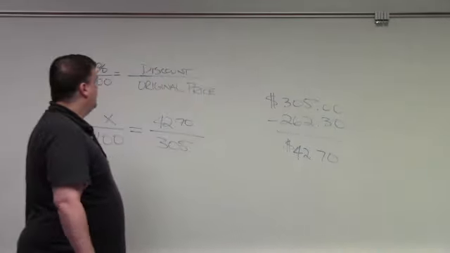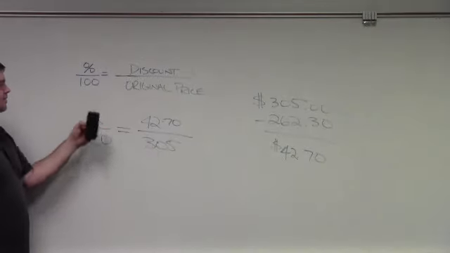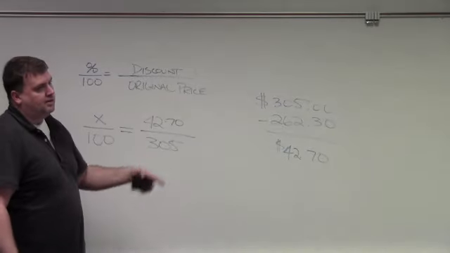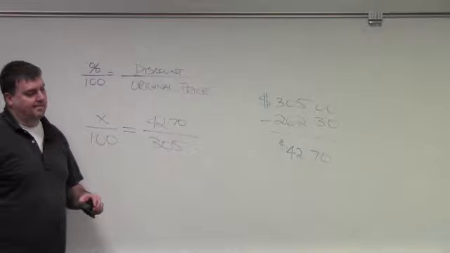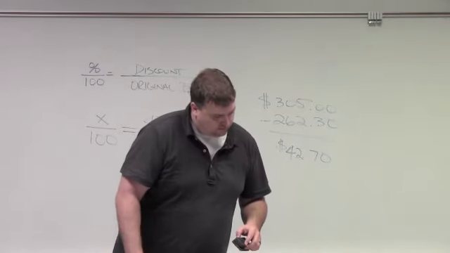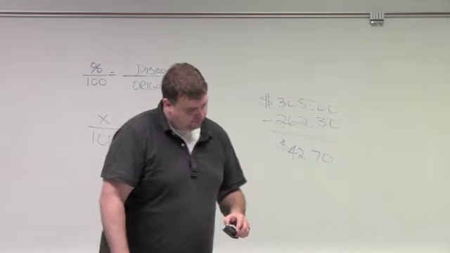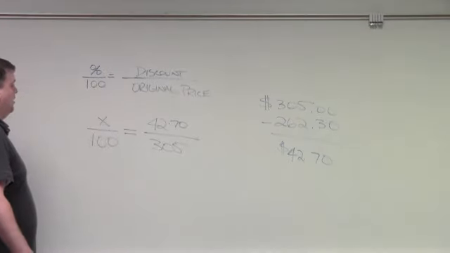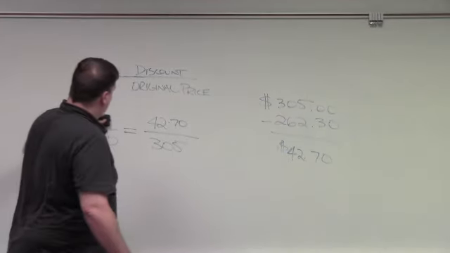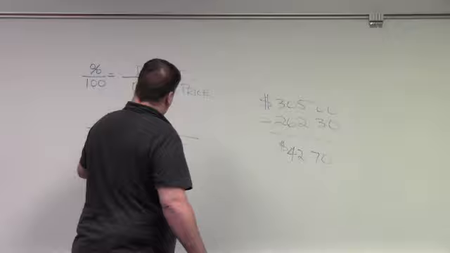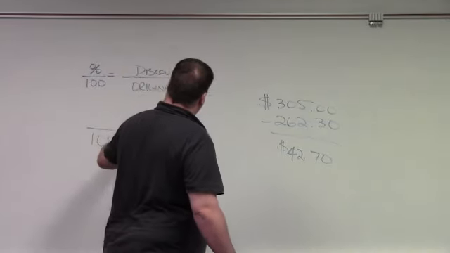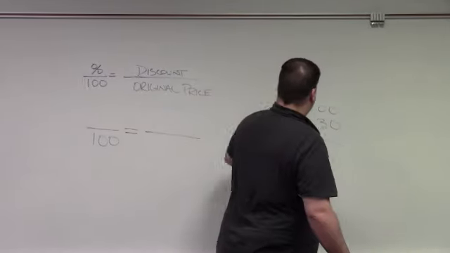So once again, we have to do a little bit of work to find some of the information, but notice the process for solving it is exactly the same. It's like the same setup as a decrease problem. Percent increase and decrease, yeah.